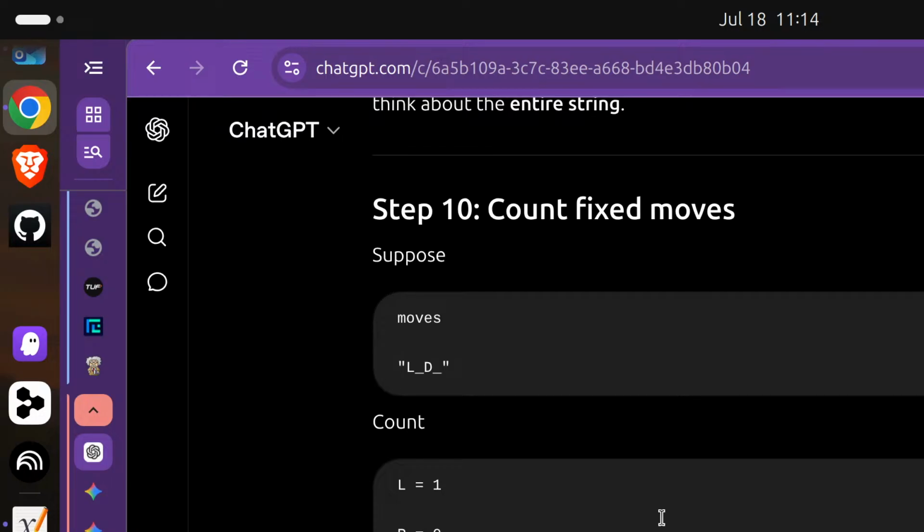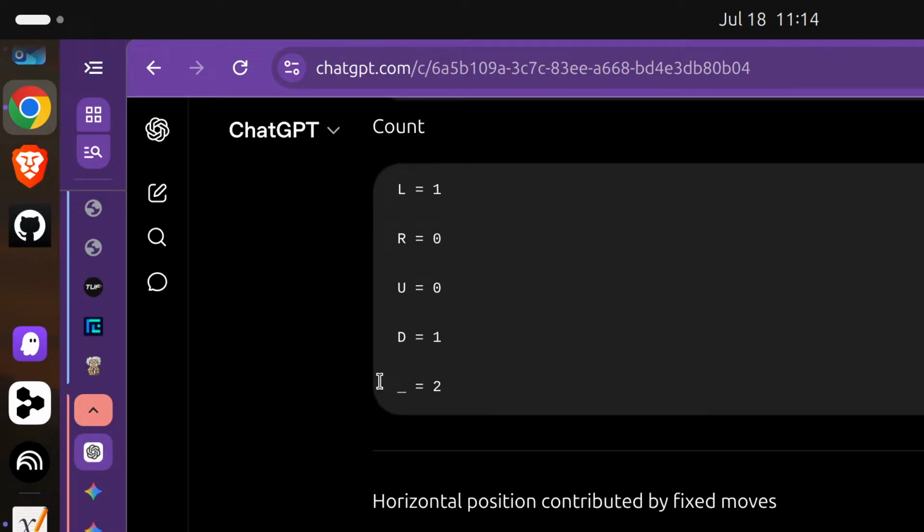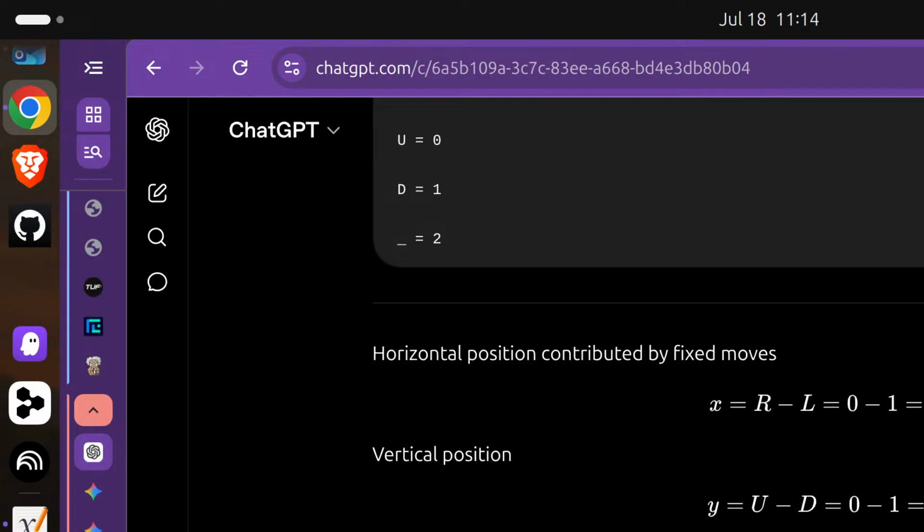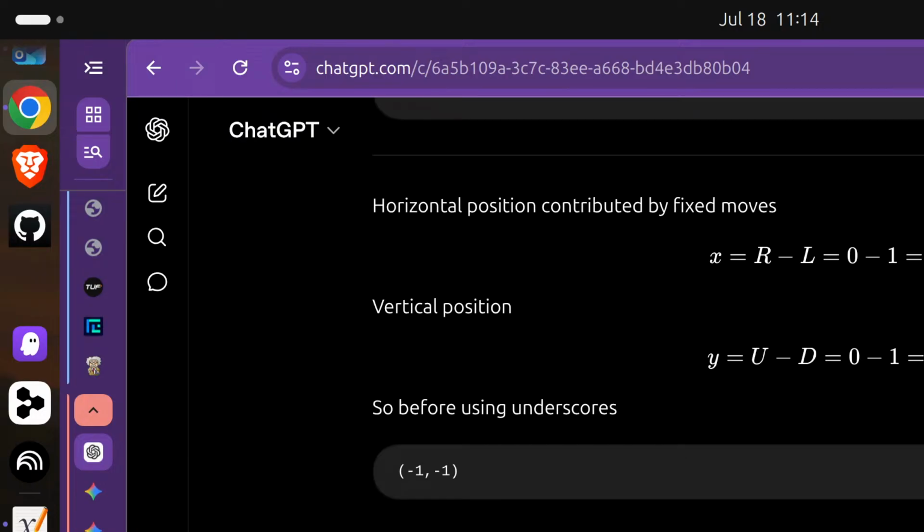Okay, I have counted them, and the horizontal position contributed by fixed moves is -1, and vertical position is -1.